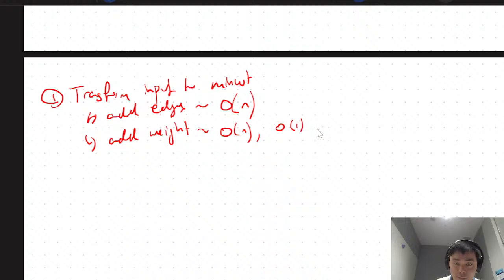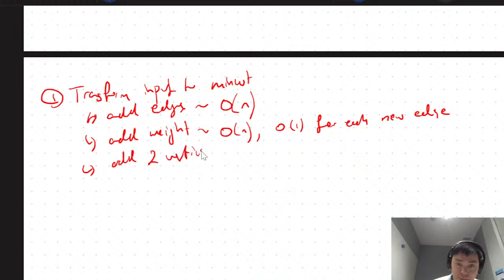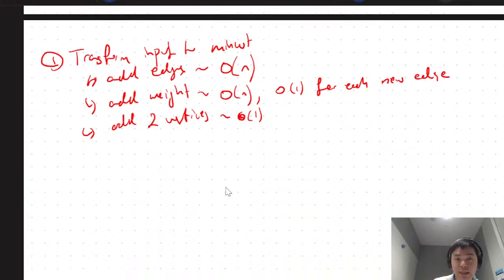So it's O of 1 for each new edge. And then the last thing is to just add two vertices, and that can be done in constant time. That's O of 1. So the construction from the input to the min cut problem can be done in linear time.